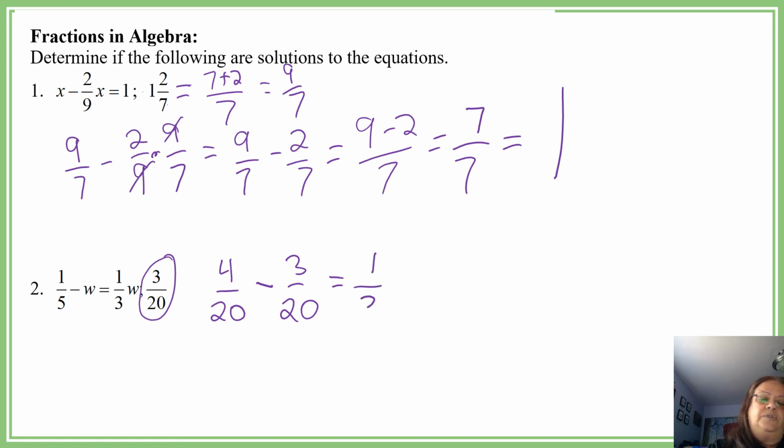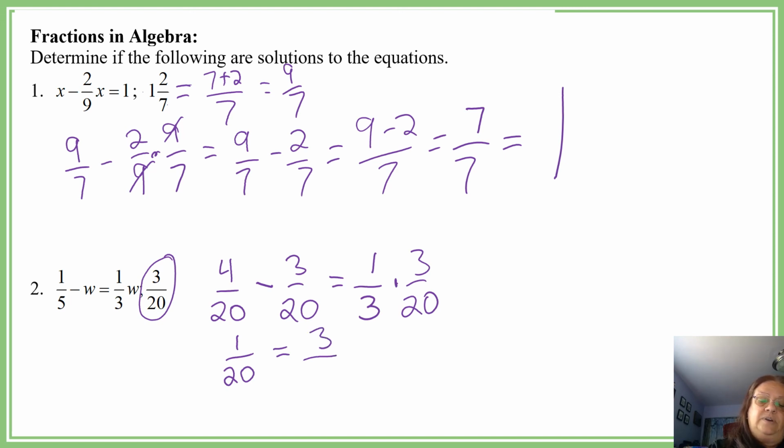1 over 3 times 3 over 20. 4 minus 3 is 1. So I have 1 over 20 equals 1 times 3.